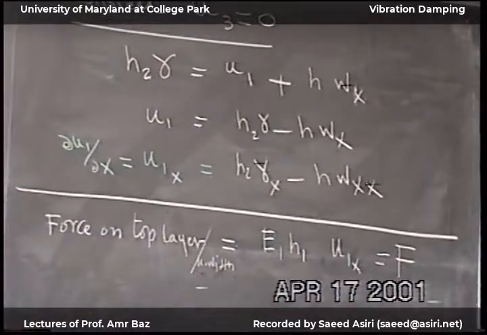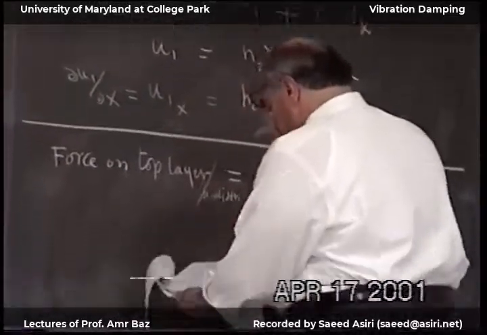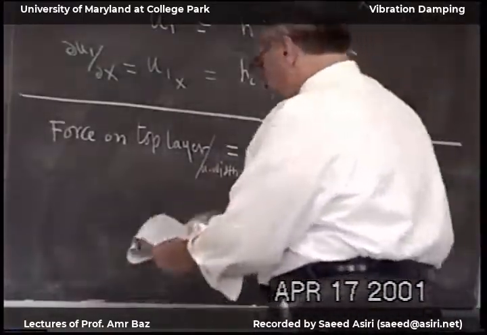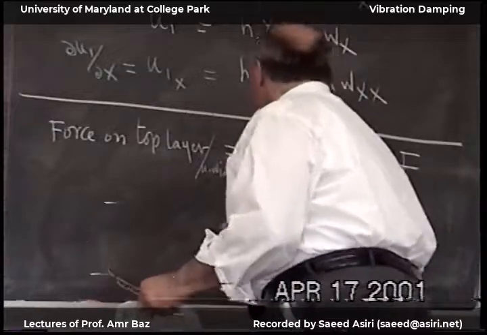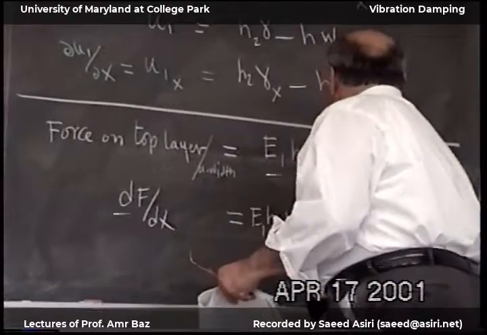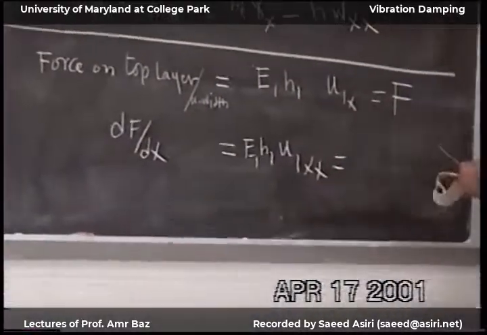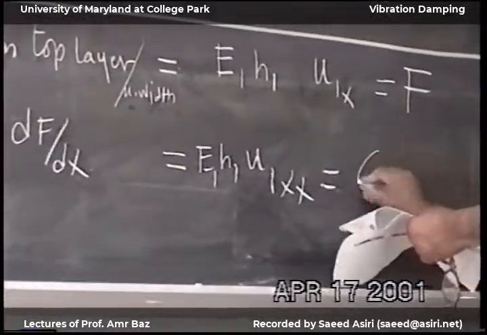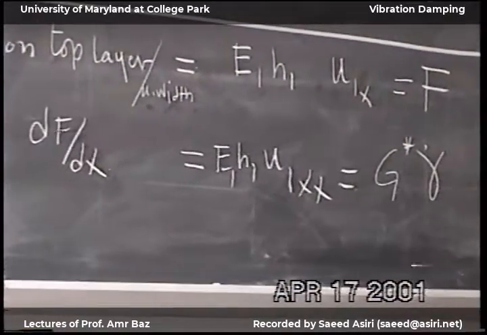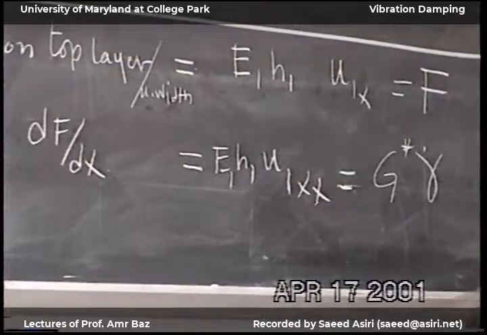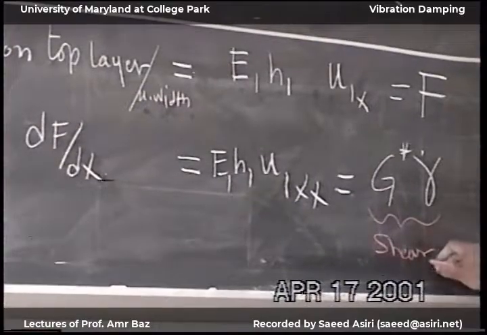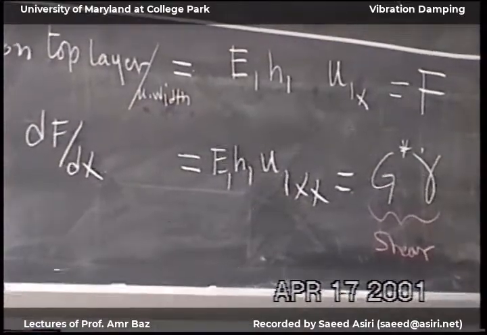So now I can write E1 H1 U1 X X will equal G gamma, the shear stress.